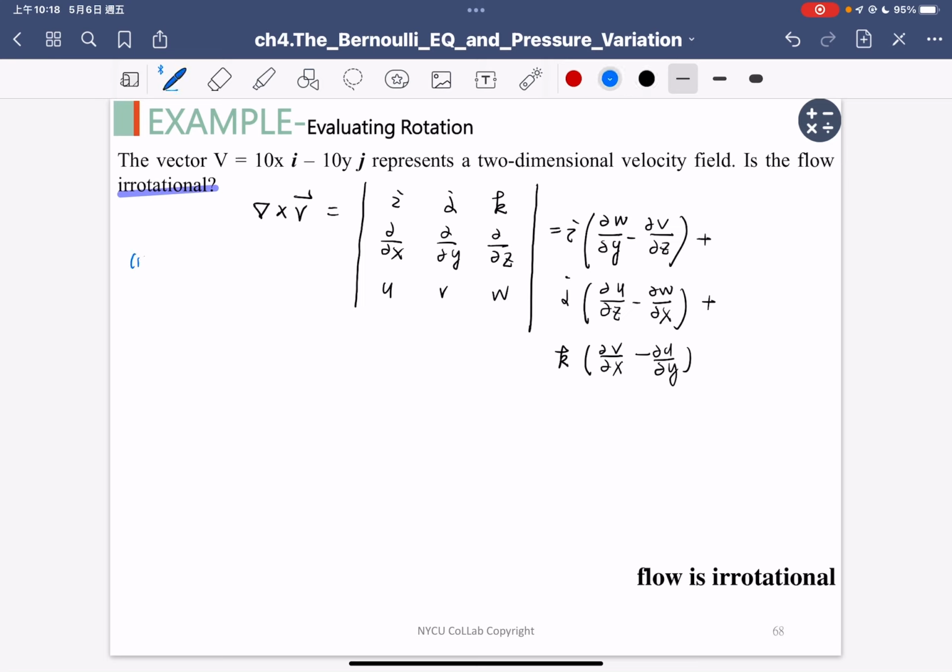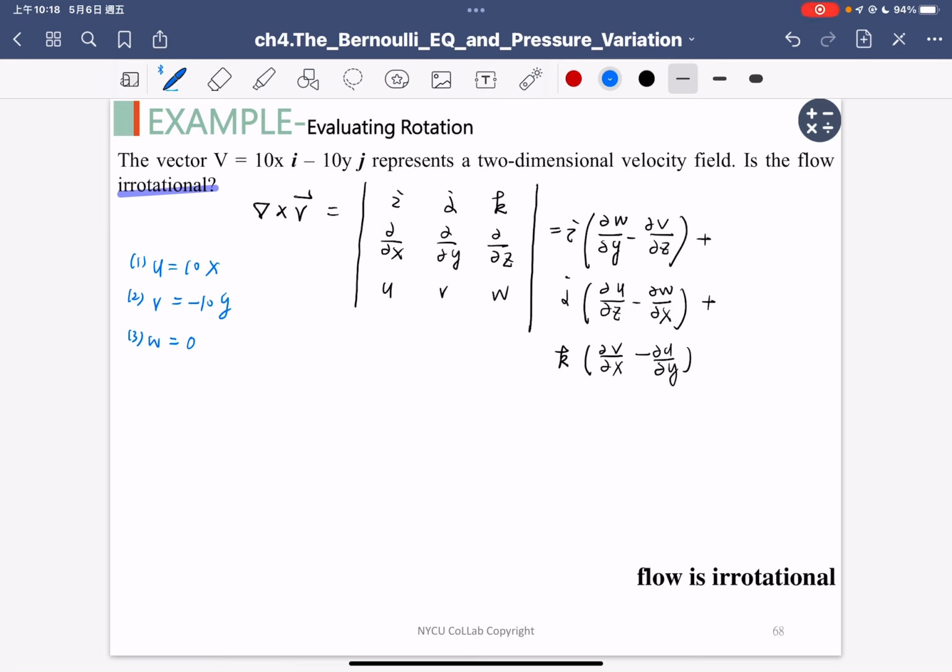Okay, so based on the cross product, we know here that u is equal to 10 times x, and v is equal to minus 10 y. This is a 2-dimensional velocity field, so we don't have w, the velocity along the z axis is equal to 0.